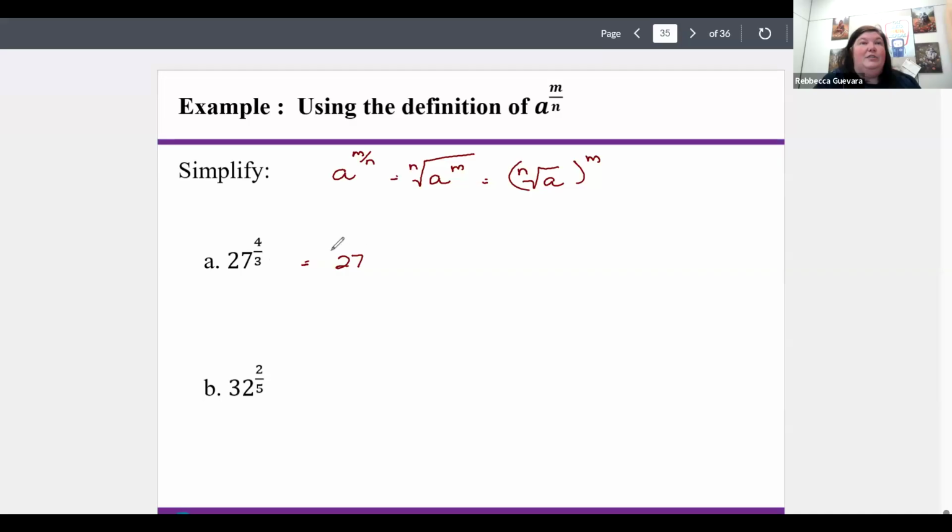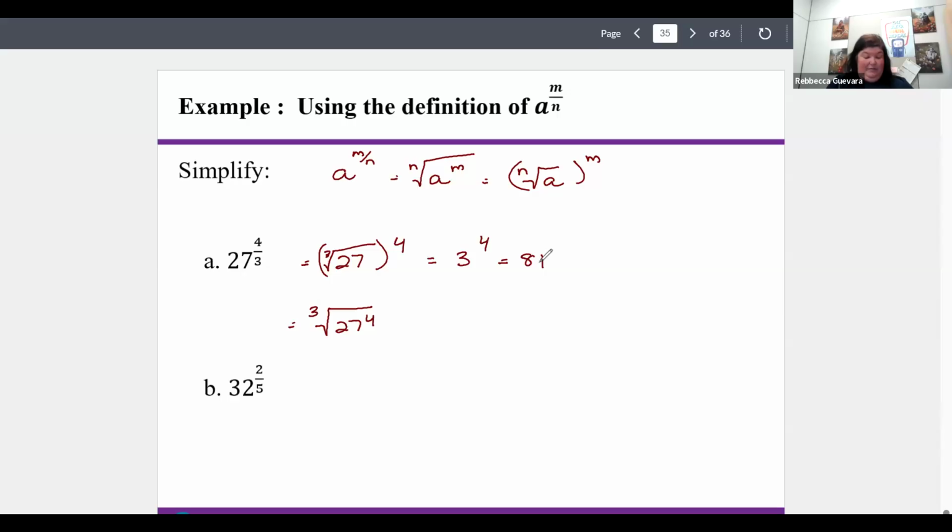N's on the bottom, so is it going to be the cube root of 27 raised to the power of 4? You may want to change these depending on what the problem is, because here I would have to raise 27 to the power of 4 then do a cube root. If I look at it this way, well, I already know the cube root of 27 is just 3. So I have 3 to the 4. So this is just 81.